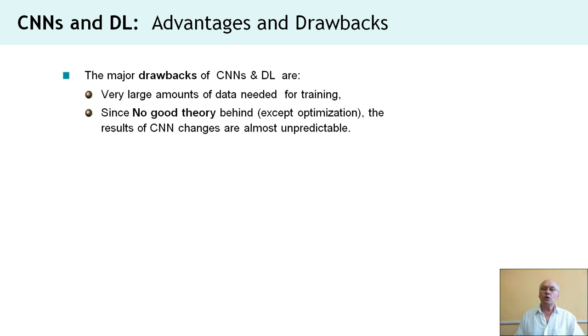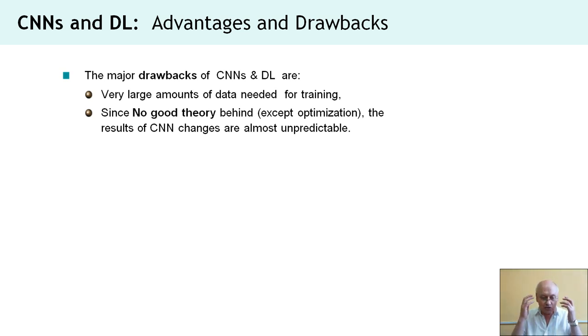Since there is no good theory behind this, except the training optimization, how to find the optimal solution for the convolutional filters, there is no theory. That means, in particular, that the results of what you are doing are very often unpredictable. If you want to know what happens with this modification or that, you just need to run it.